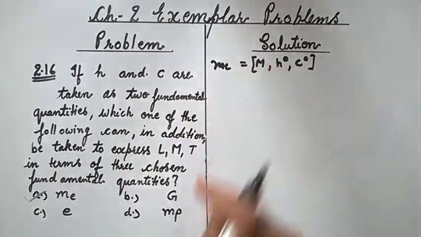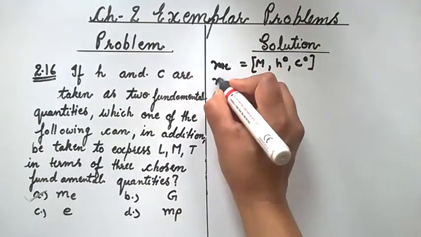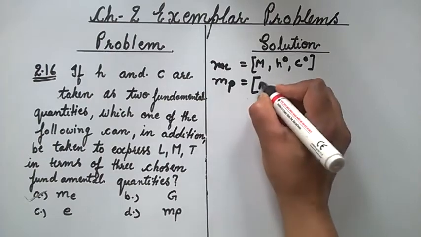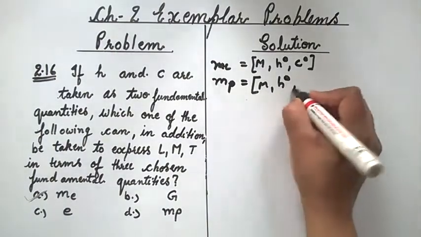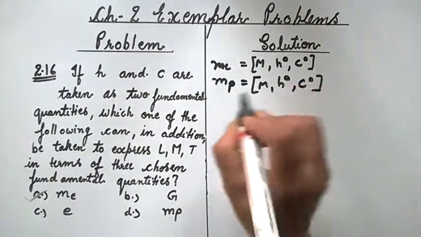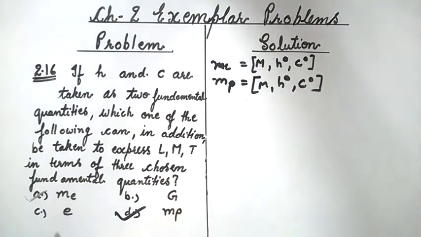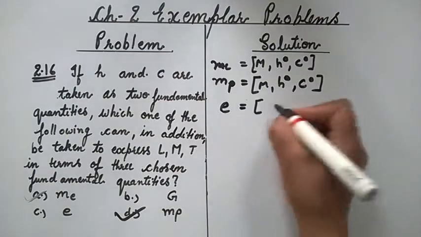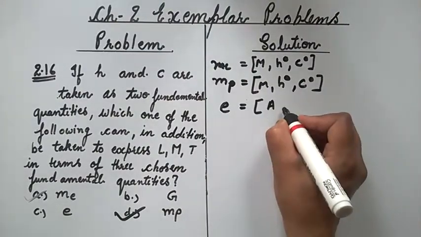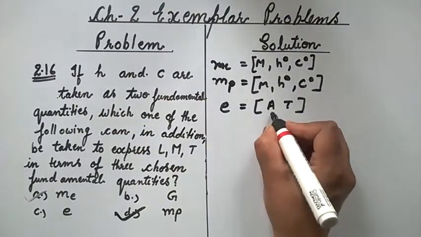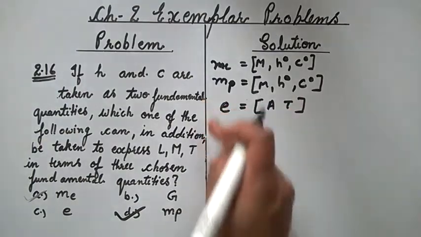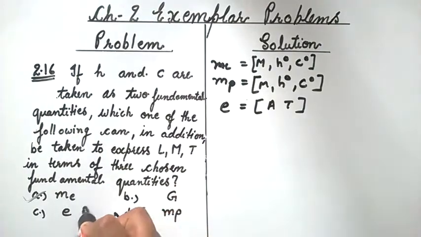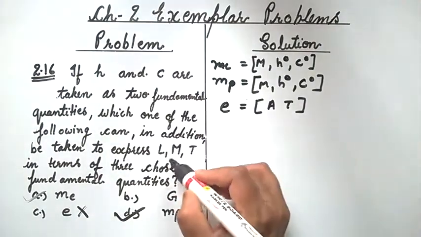Mass of proton is also similar to the dimension of mass of electron, so this is also a correct option. Charge of electron has dimension current into time. Here ampere is another physical quantity which is not given in the options, so this cannot be expressed in the given quantities.